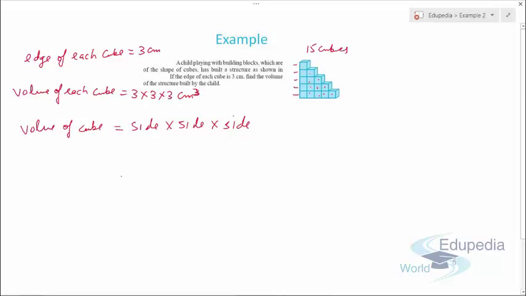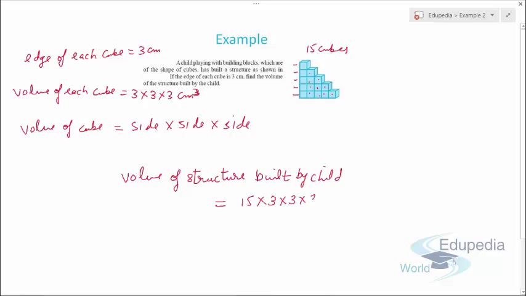So we can say that volume of structure built by child will be equals to 15 times 3 times 3 times 3. So this will be 15 times 27, right?